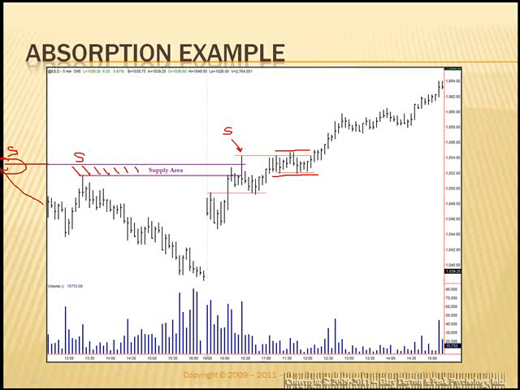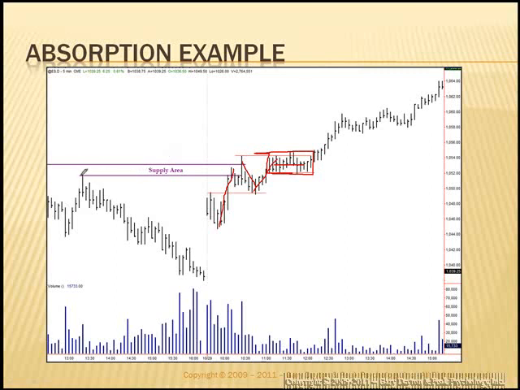Even though there's a gap here, the gap is not the salient thing here. The thing is that we have up wave, and the down waves are smaller. And what's most important about this chart right here is this right in here. We just go sideways in a very narrow range, eating through and absorbing whatever supply exists from back here.